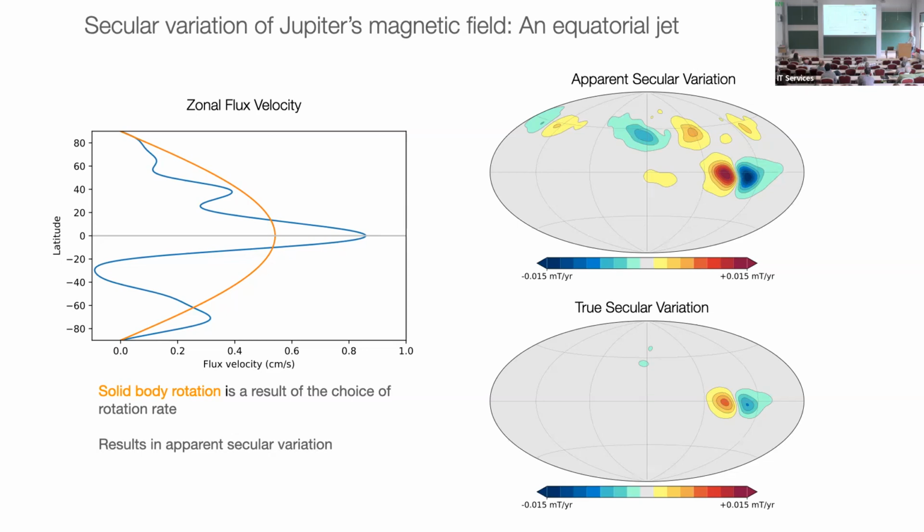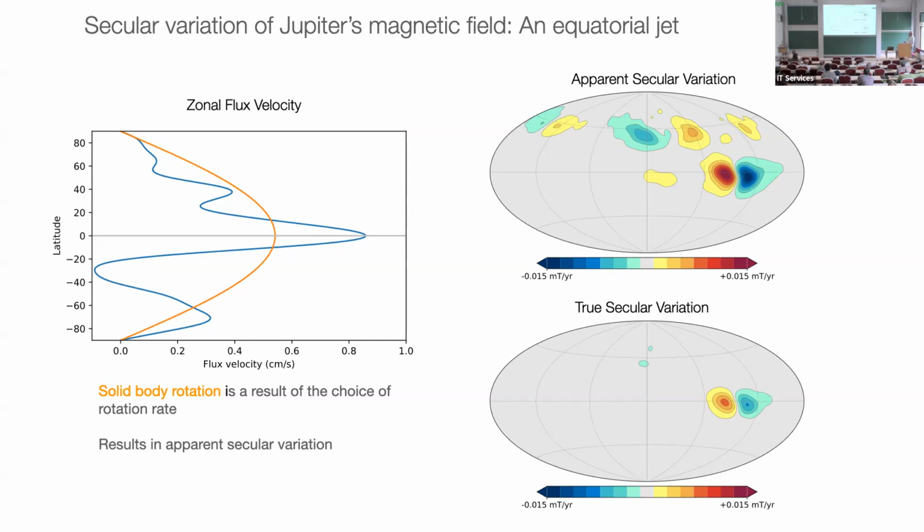But that's nothing more than saying, oops, we're in the wrong frame of reference. We've got the rotation rate of Jupiter very slightly wrong, so that we appear to be seeing changes in the field, but they're really just because we're looking at the field in a frame of reference that is slightly different from the frame of reference in which the magnetic field is existing.